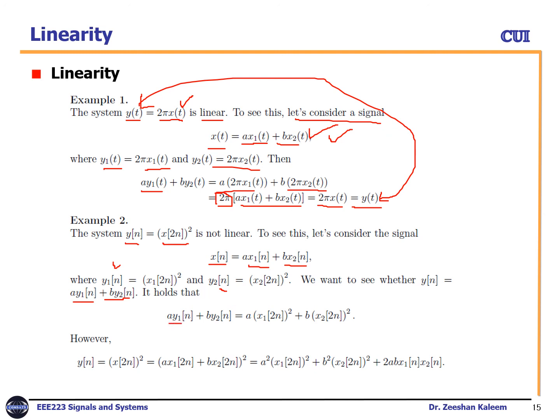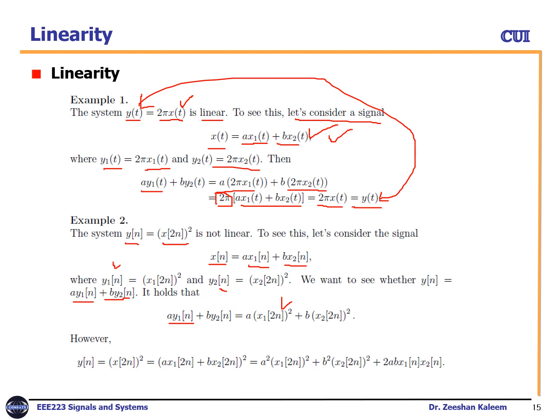Now we want to see whether y(n) equals a y1(n) plus b y2(n) holds or not. So a y1(n) is a times x1(2n) squared, plus b y2(n), which is b times x2(2n) squared. However, if we open y(n), it is x(2n) whole squared.